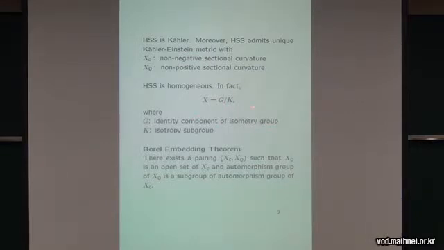And this is a Lie group, so by Lie group theory, we can make a pairing between compact type and non-compact type, so that any non-compact type is embedded into compact type as an open set, and the automorphism group of the non-compact type is a subgroup of the automorphism group of the compact type.